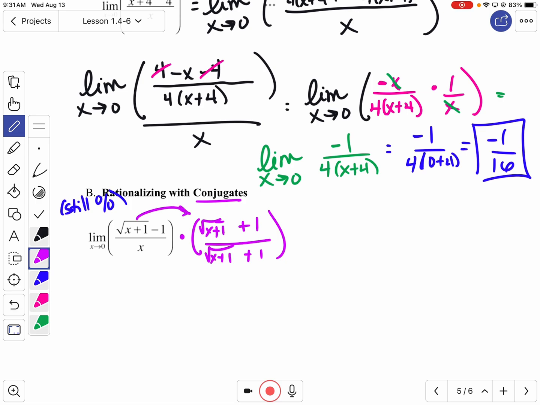Okay, conjugates are important because they're going to, one, get rid of my radical, right, which is what we want. So I'm going to keep that limit as x approaches 0. Okay, so in the numerator, if I take square root of x plus 1 times square root of x plus 1, I distribute, what would I get?